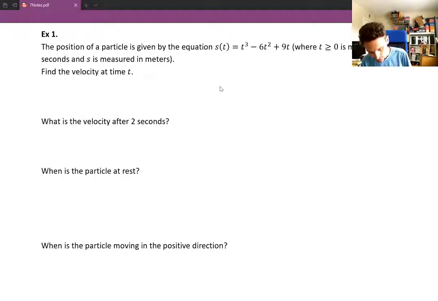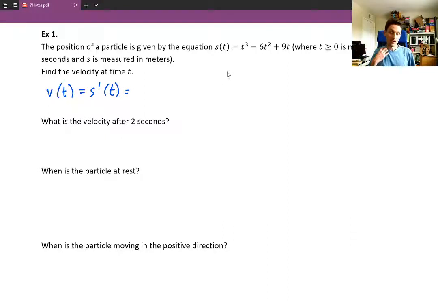To get that, we'll just take the derivative of the position function. So velocity is the derivative of the position function. Using our new derivative shortcuts, we can write 3t squared minus 12t plus 9. Remember, the power rule says the 3 multiplies in front, and you subtract 1 from the exponent to get a new exponent of 2.